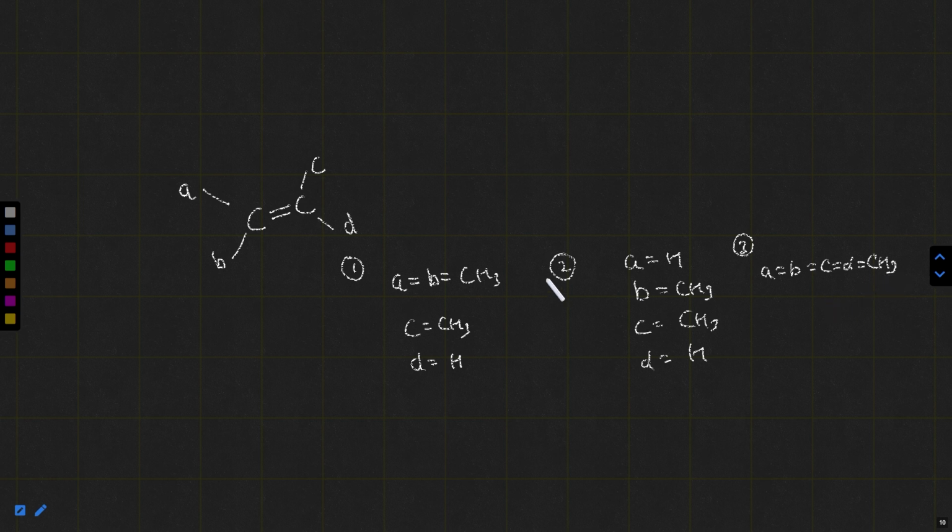This is the fourth one. Now what would you expect as the product from each of these? Try to solve it. So if you try to solve it, you will see that if A and B are both CH3, then upon hydrolysis this bond will break, and upon reductive workup it will result in this thing.